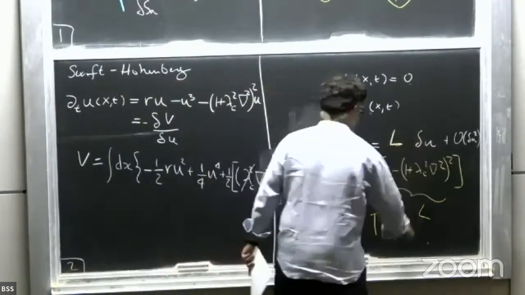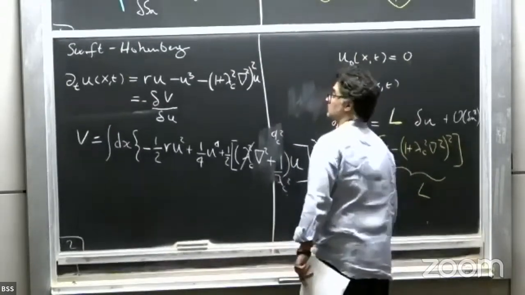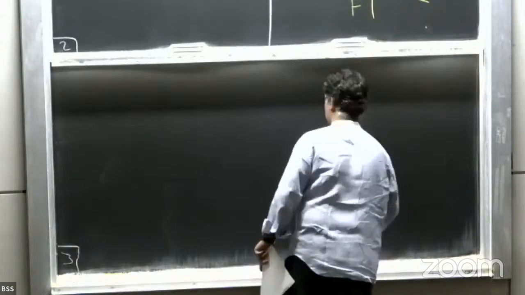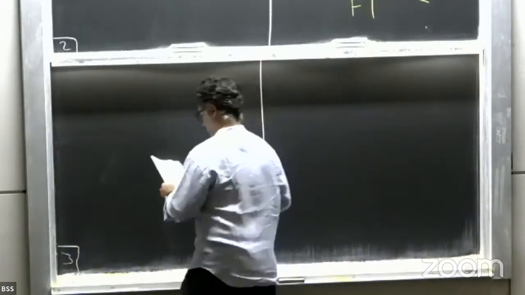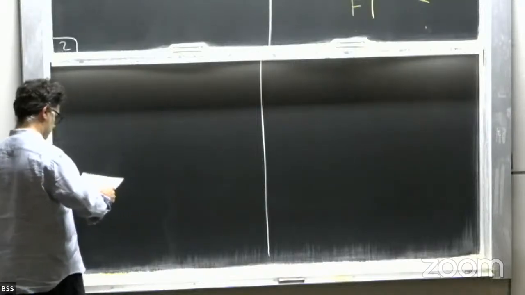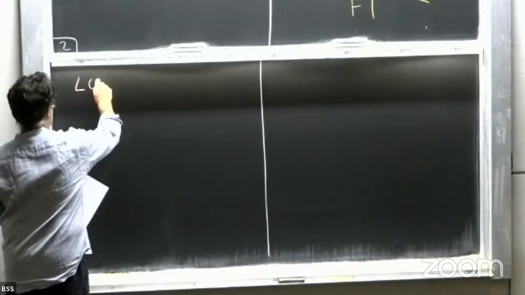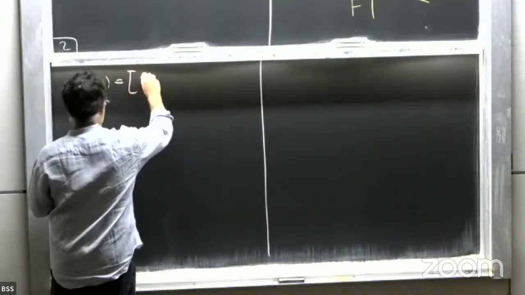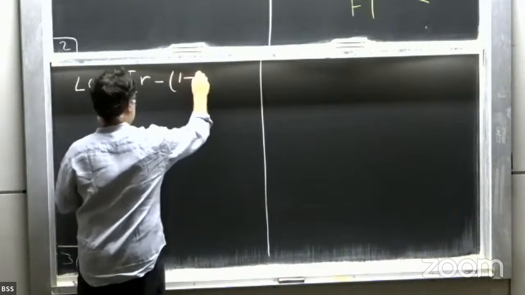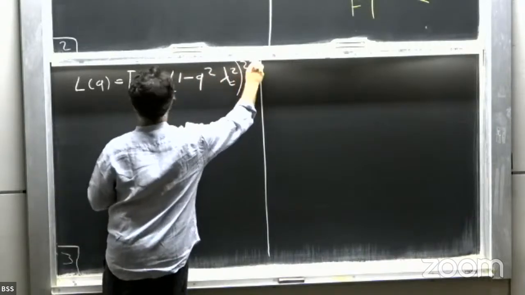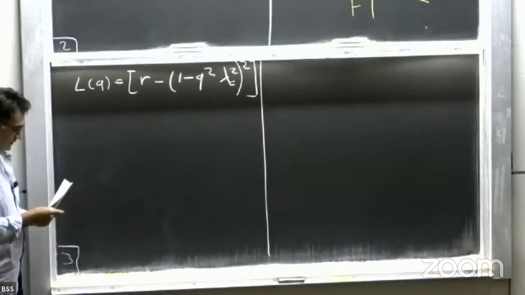So if I Fourier transform this, I can get an equation for L_q squared.